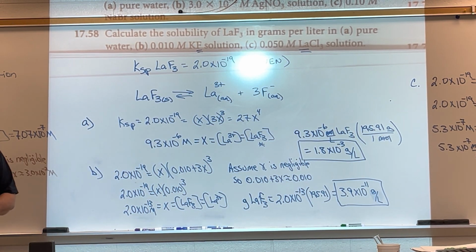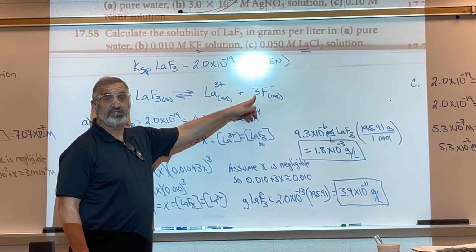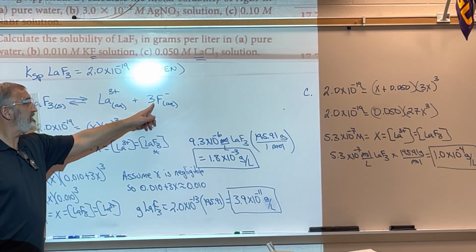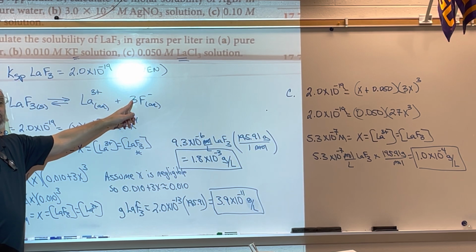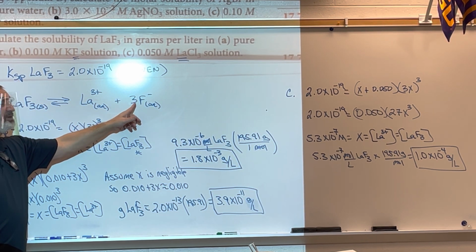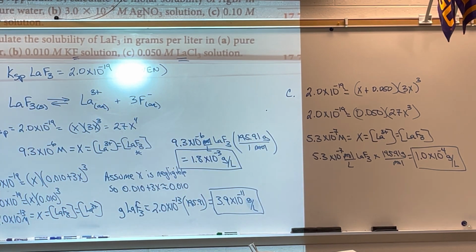Because the fluorine has a bigger impact on it. We're cubing this, okay? So when you add more fluoride, it has a much greater effect on the overall amount because you're cubing that number. So that makes the lanthanum even smaller that can come into solution.